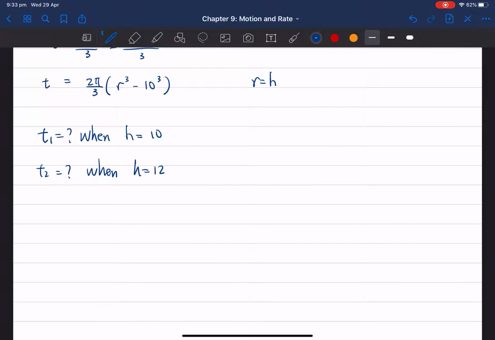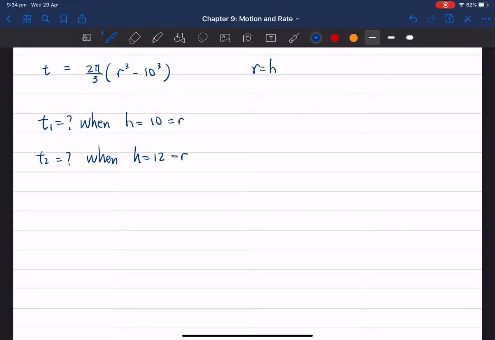So basically now it just becomes substitution. t1 is equal to 2 pi over 3, 10 to the power 3 minus 10 to the power 3, and that's initially time equal to 0. That's really easy. t2 is 2 pi over 3, 12 cubed minus 10 cubed.